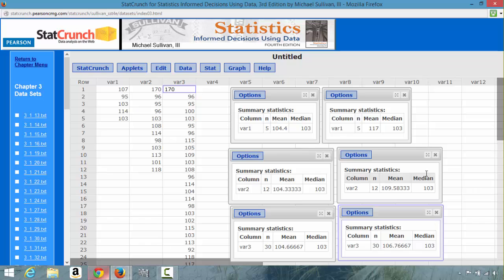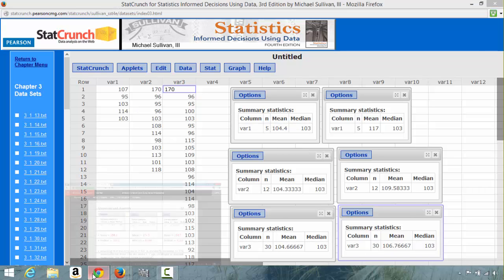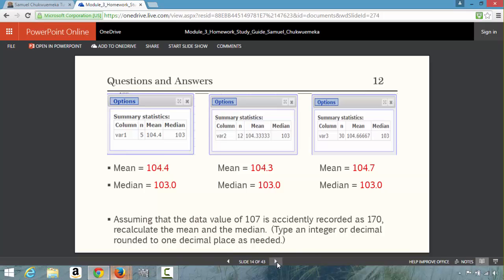The median did not change, even when you made that mistake. We say that the median is resistant, because when you change the values, it didn't affect it substantially. But the mean is not resistant to this. Okay? That is what I wanted to show you.